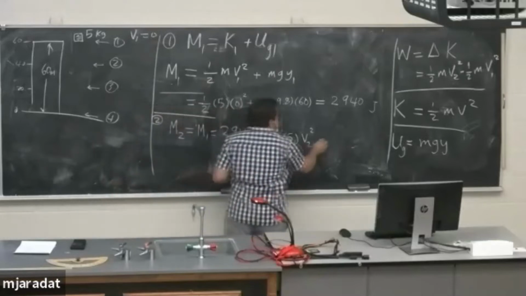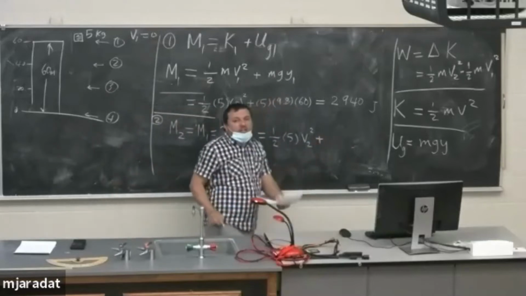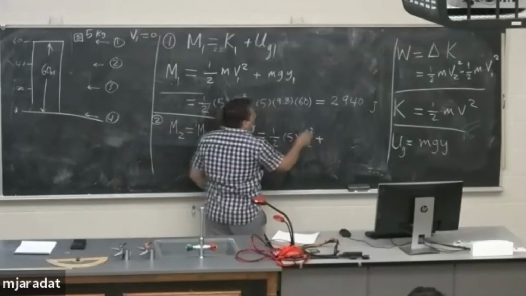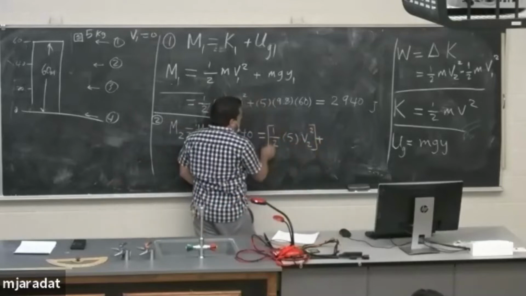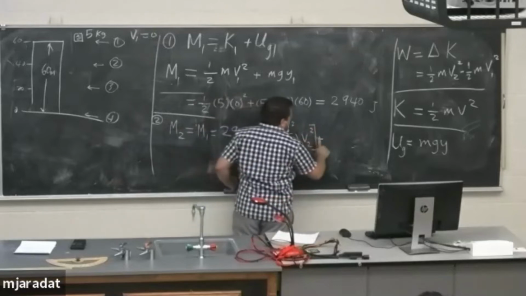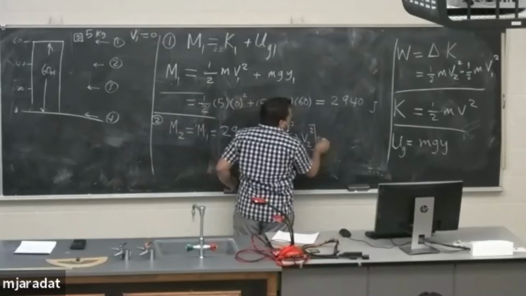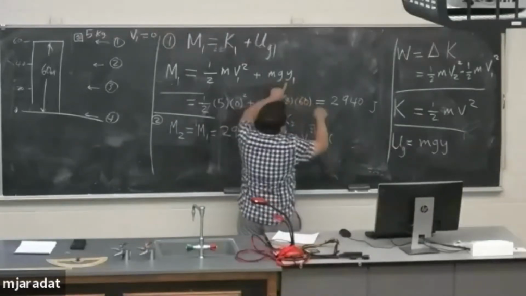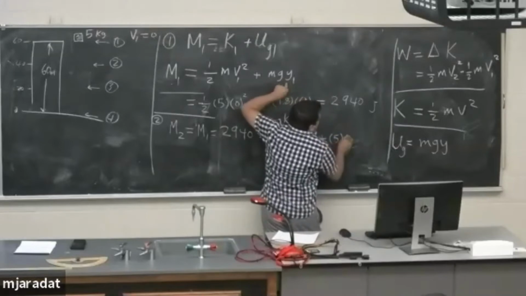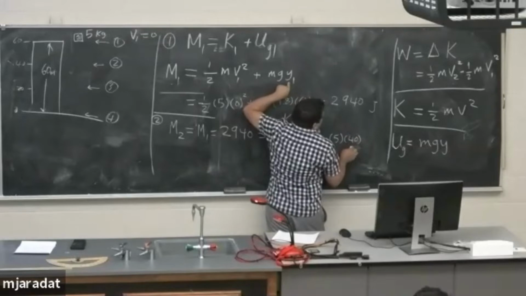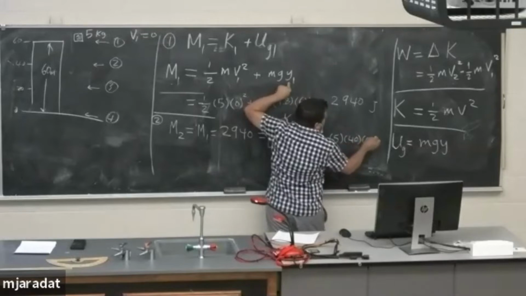Plus the potential energy at that point. I can use all of this term as the kinetic energy too. It's okay. I'll use it like this. Plus m g y, the potential energy at point number 2. It is 5 multiplied by the altitude, which is 40, by g also, 9.8.